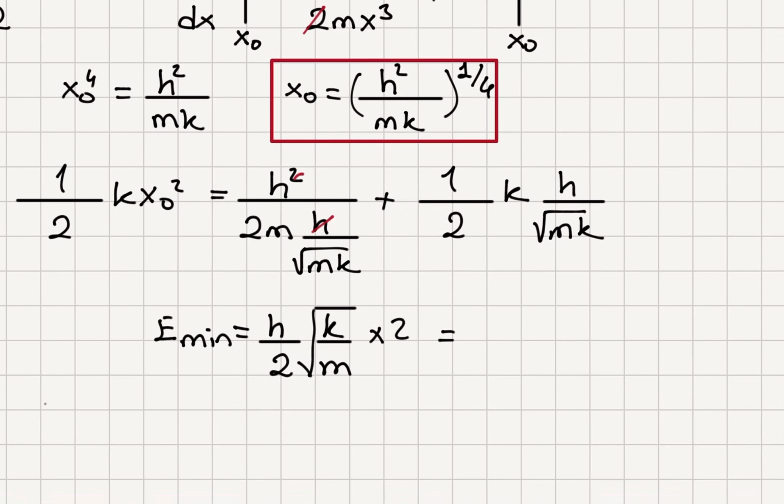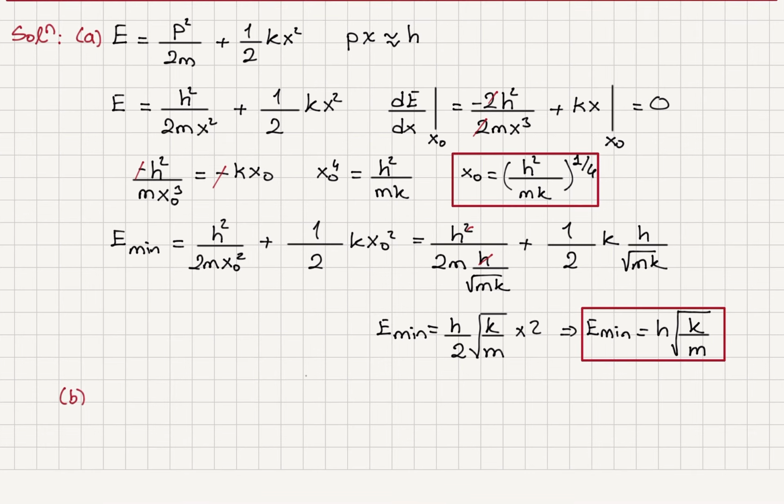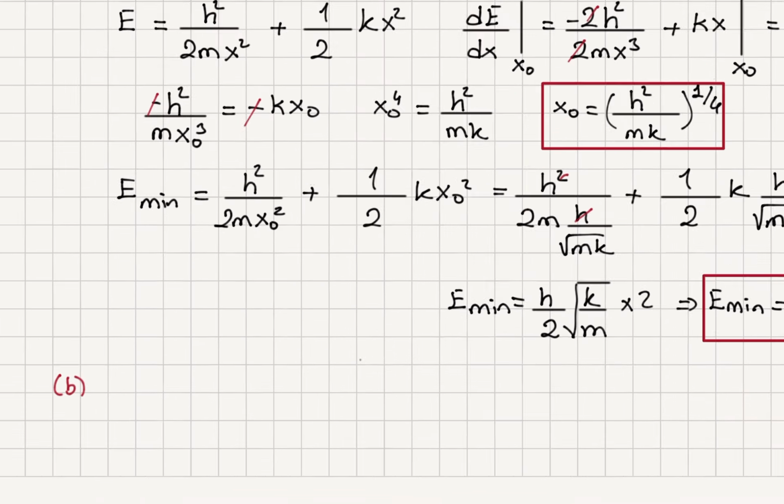This gives us the minimum energy of this particle to be h times square root of k over m. That's the minimum energy. So this is called the zero-point energy.